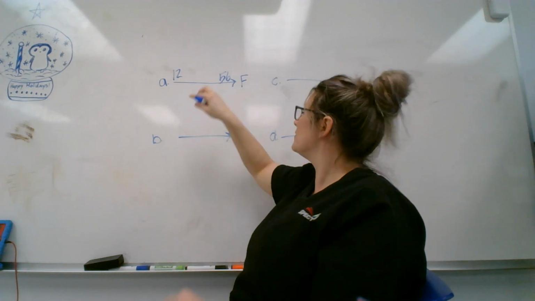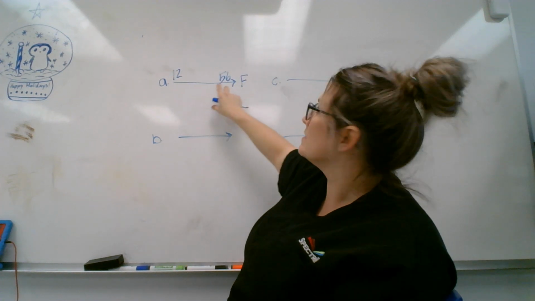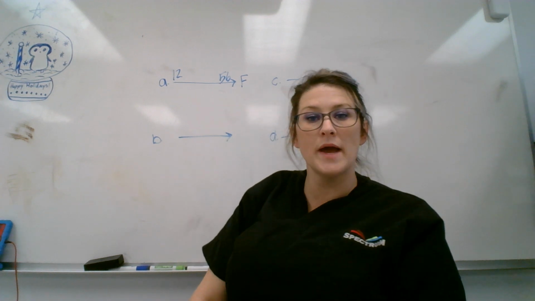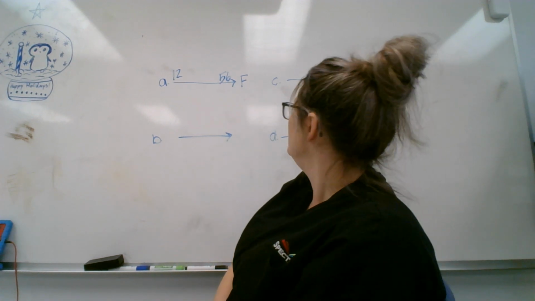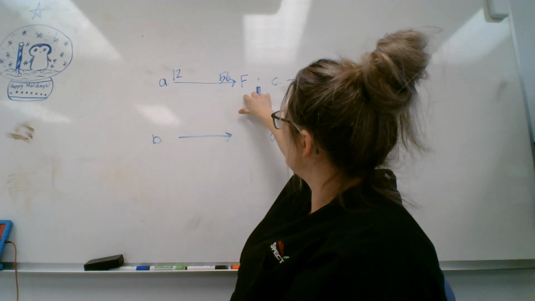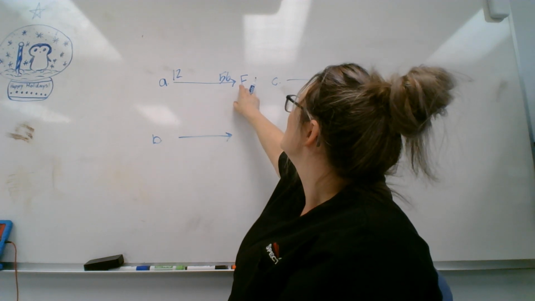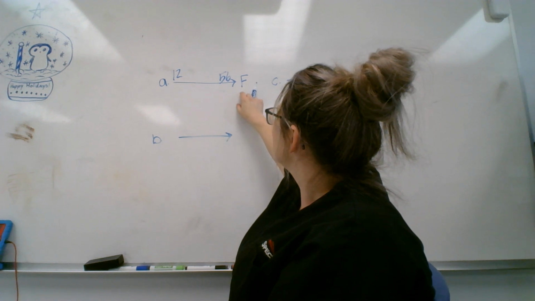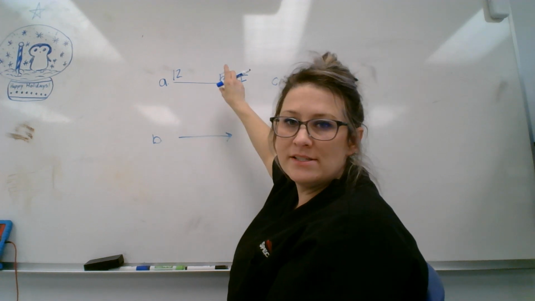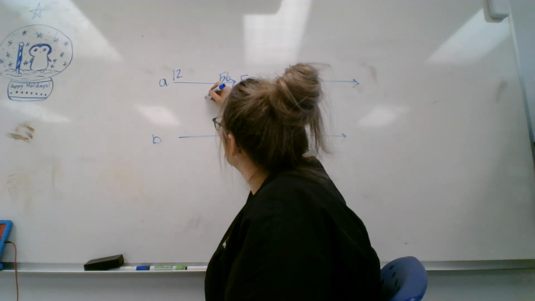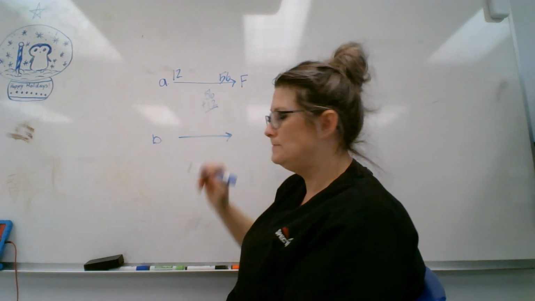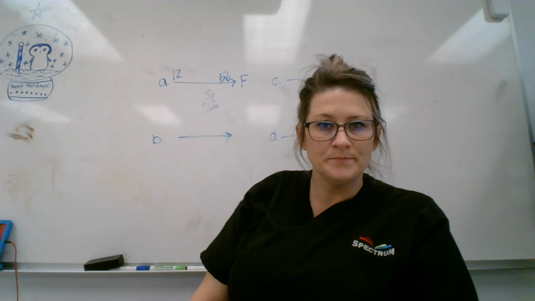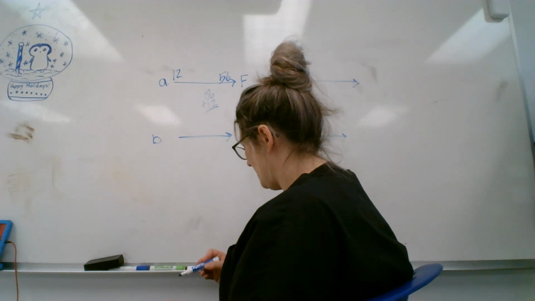Now that I have 2 numbers and a missing number, I have enough to solve the problem. F is my big number and I'm missing my big number. So if I'm missing my big number, I'm going to add these 2 numbers together. So 56 plus 12. Looks like it's kind of hard to see.